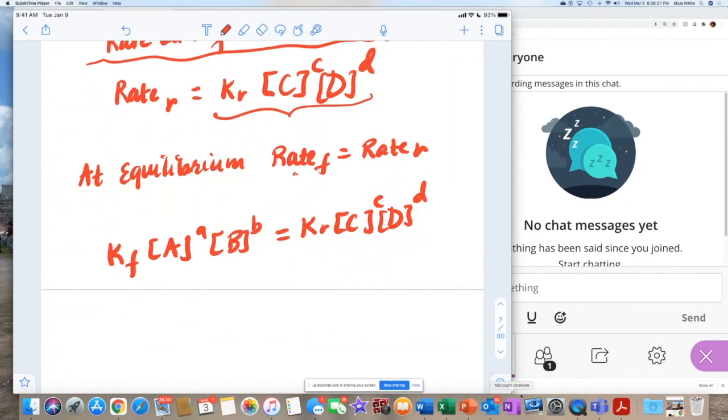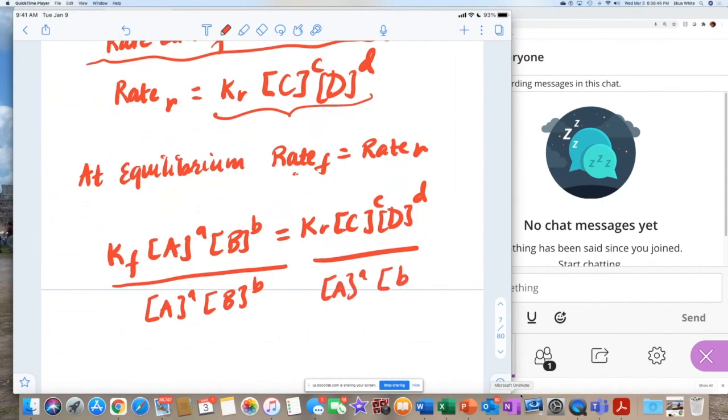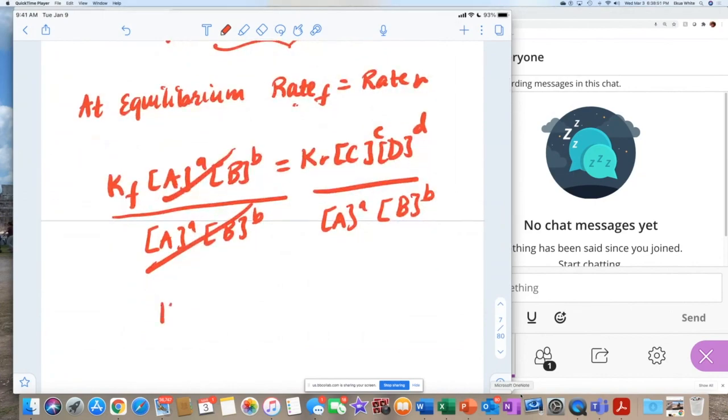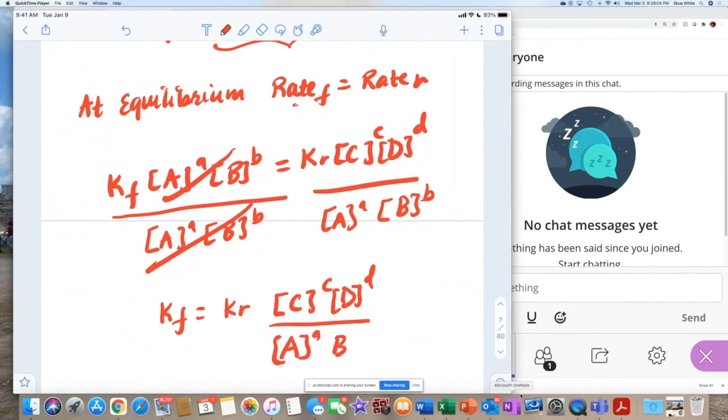Okay, where was I? Oh, so what I do here is try to sort this out. Divide both sides by A power a, B power b. Divide both sides by that. This cancels out, right? Then we're left with kf equal kr, C power c, D power d, over A power a, B power b.